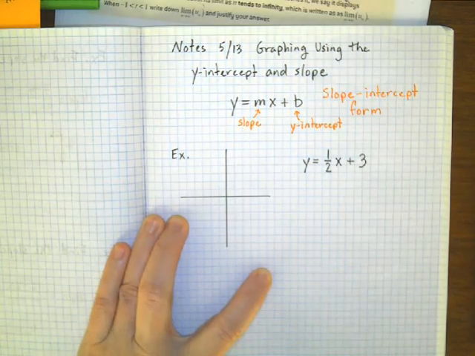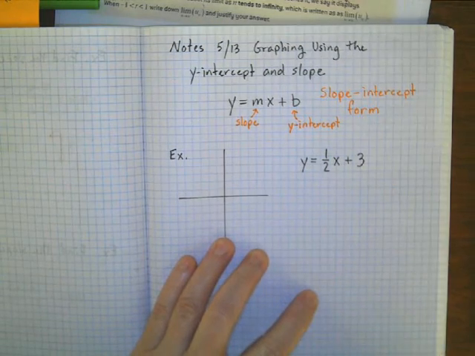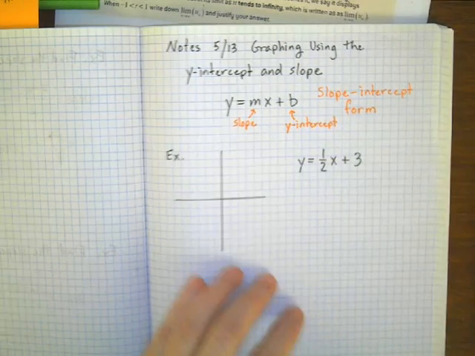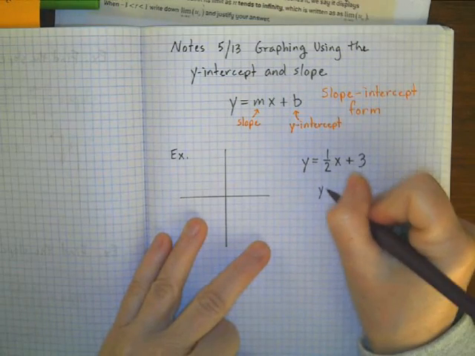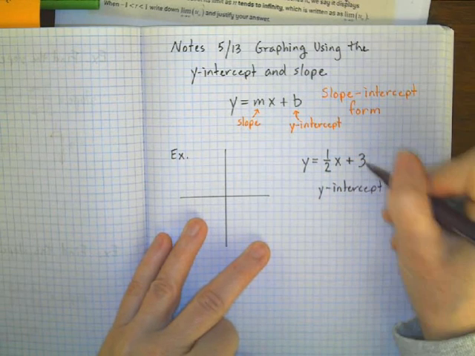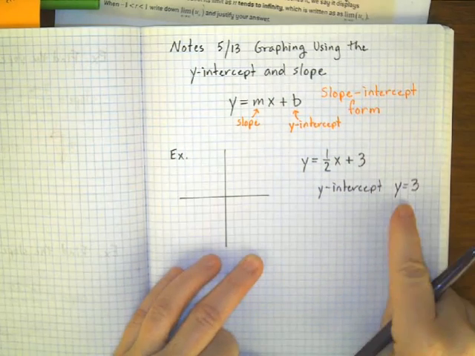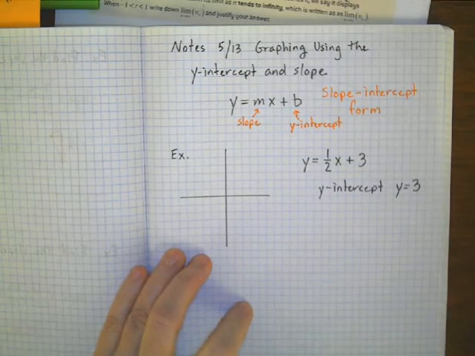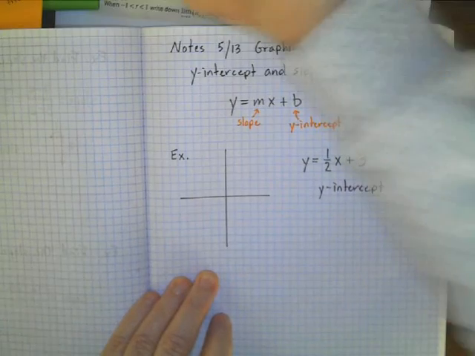Okay, so looking at our equation here, we're going to start, just like we did in the warm-up, by finding the y-intercept. So what is the y-intercept? The y-intercept is this number right here, 3. Y equals 3. And then we're going to put that on the graph. I like doing it with red.